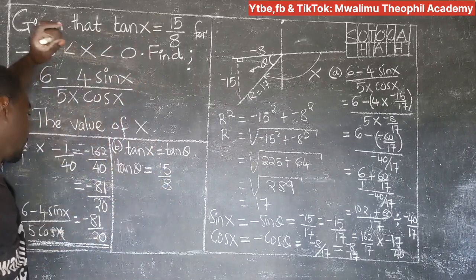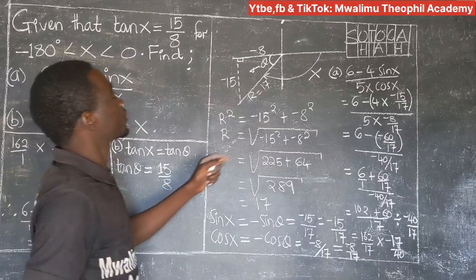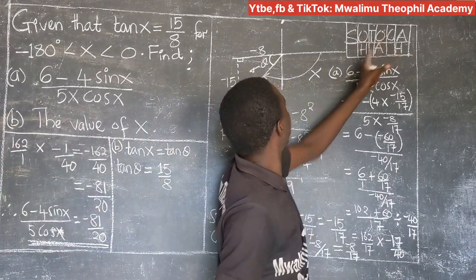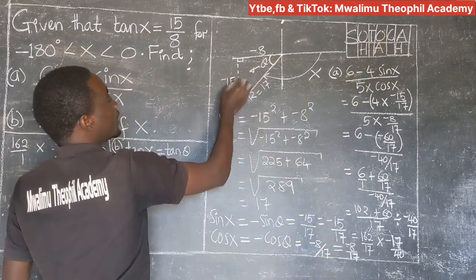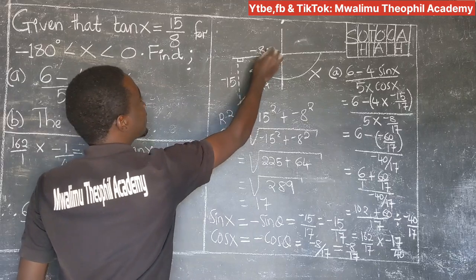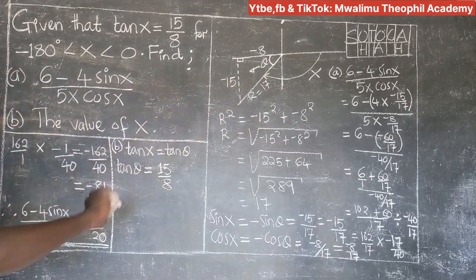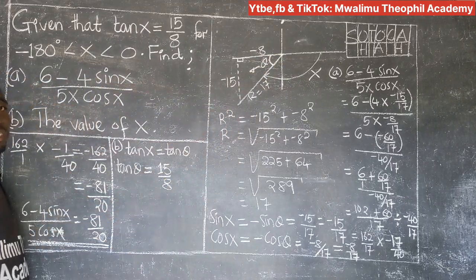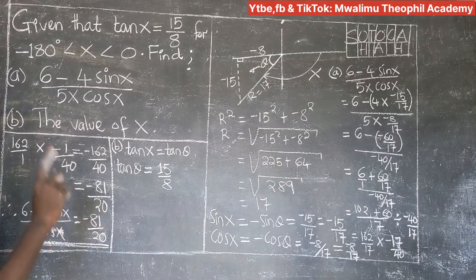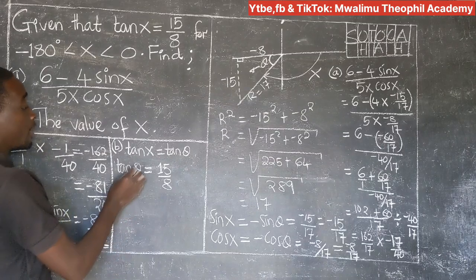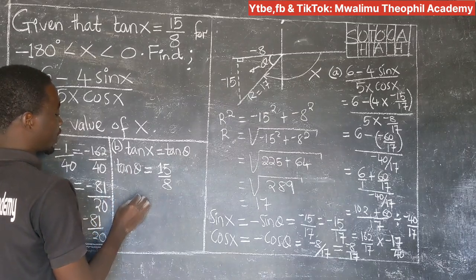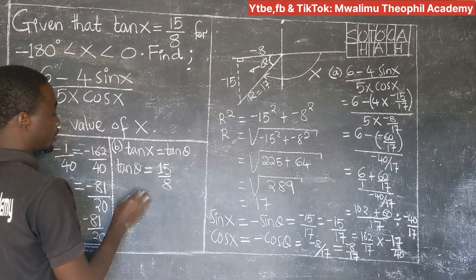This is true because for tan we take opposite over adjacent. Opposite to this theta is negative 15, adjacent is negative 8. Negative 15 divided by negative 8 is 15 over 8, as the negatives cancel out to bring the answer being positive.